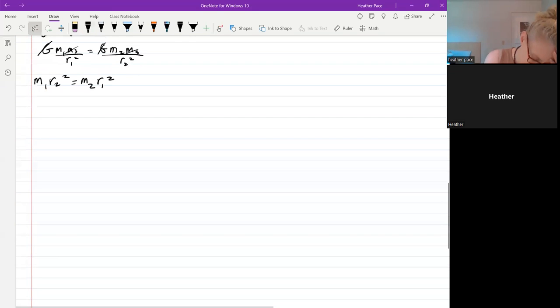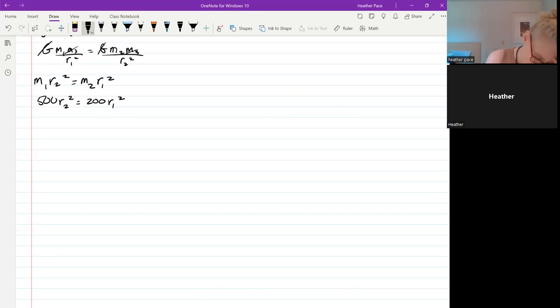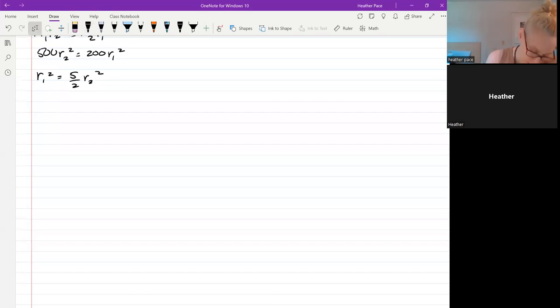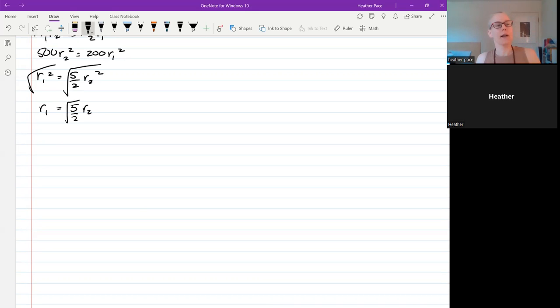If we plug in those values, we get 4 R1 squared equals 5/2 of R2 squared, or the distance between masses 1 and 3 is equal to the square root of 5/2 times R2. We're just going to leave that as the square root of 5/2 because otherwise we're going to get a point, blah, blah, blah, and square root of 5/2 is exact.